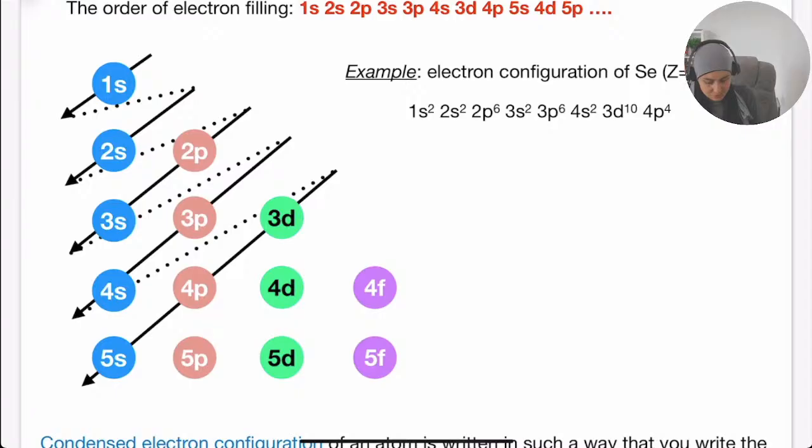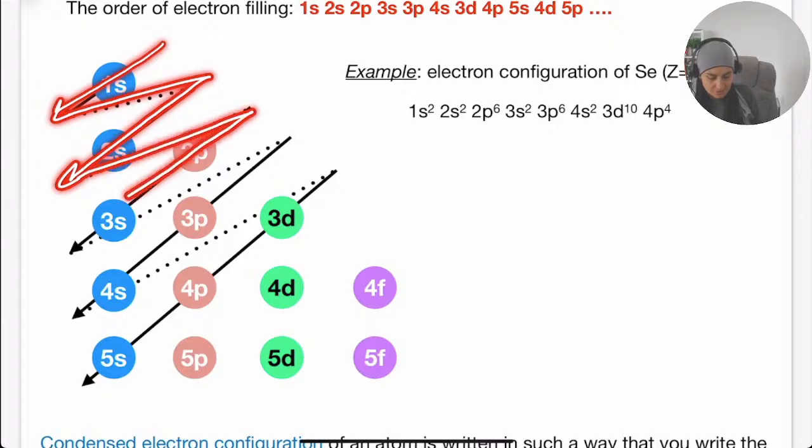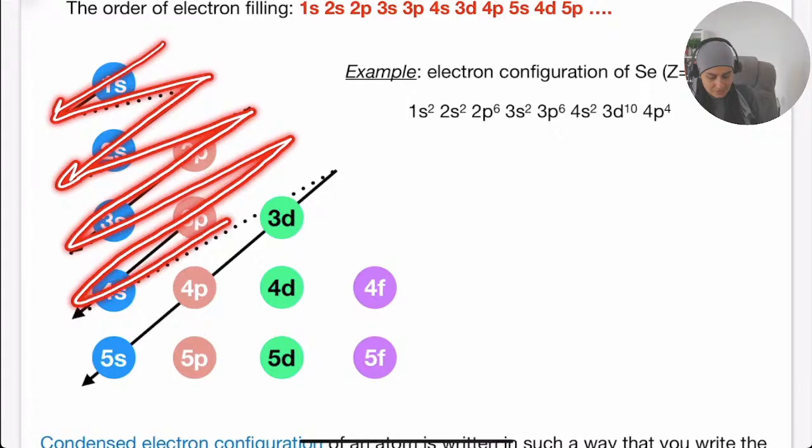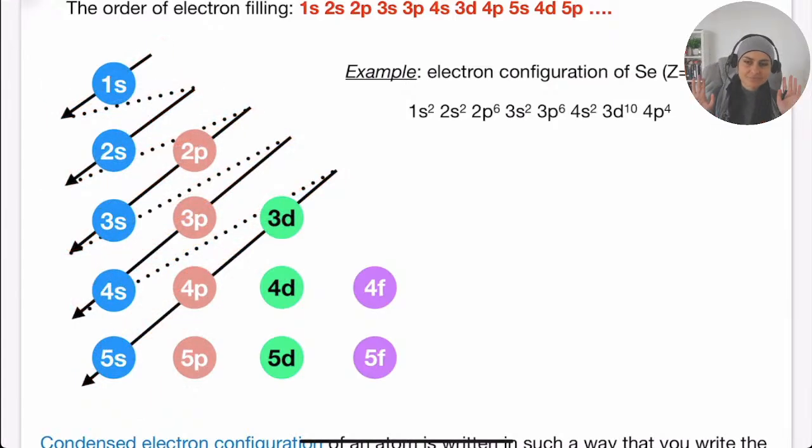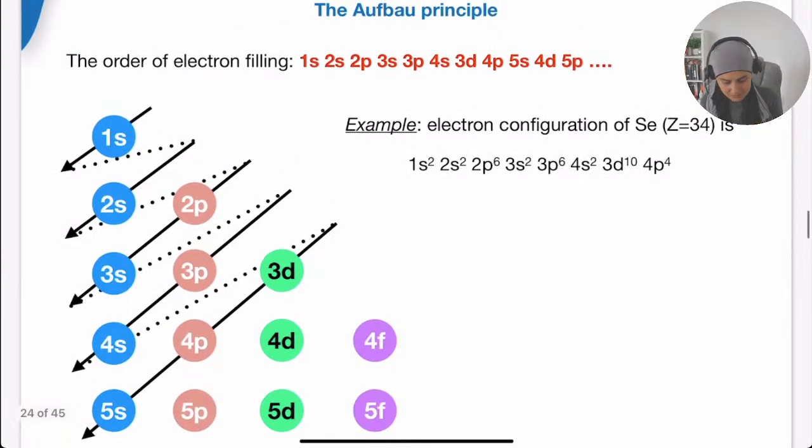You start from here: 1s goes first, then 2s, then 2p, 3s, then 3p, 4s, then 3d, 4p, 5s, and so on, until you reach whatever you need. But in IB, I think the highest you can go is up to iodine.